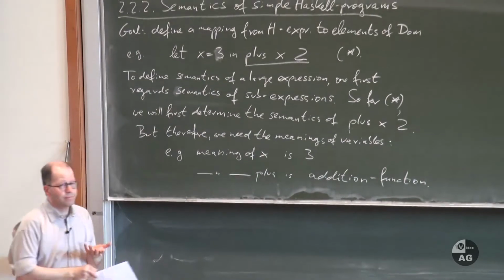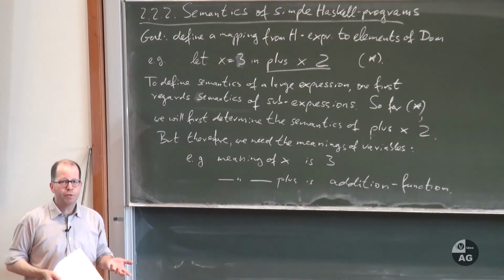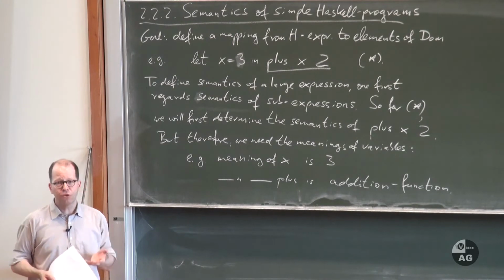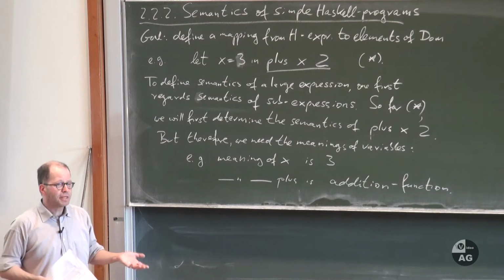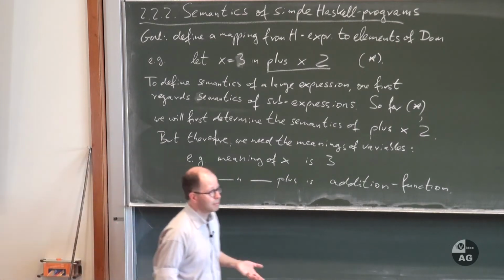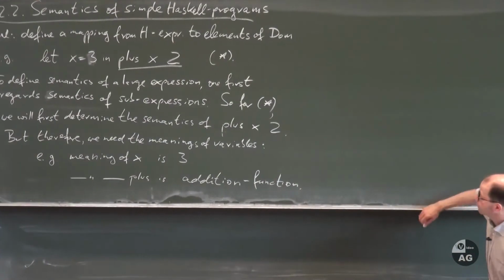And so the idea is we should not evaluate expressions on their own, but we should evaluate expressions in a certain environment. And an environment is just something that tells us what the variables mean. So an environment is just a mapping from variables to elements from the domain.